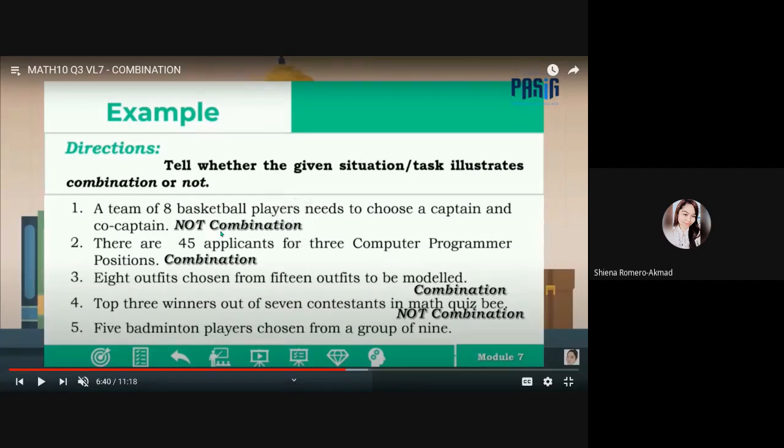Number 5. 5 badminton players chosen from a group of 9. Combination. It is combination kasi you are just selecting players from the group of 9. Okay. Next.